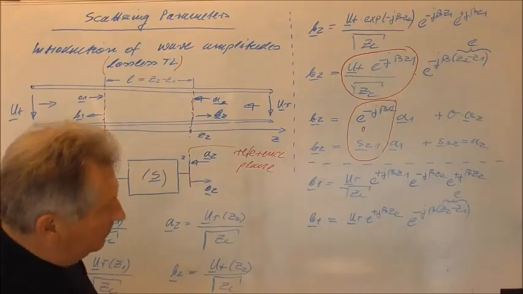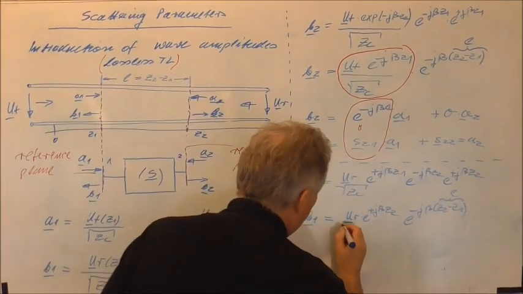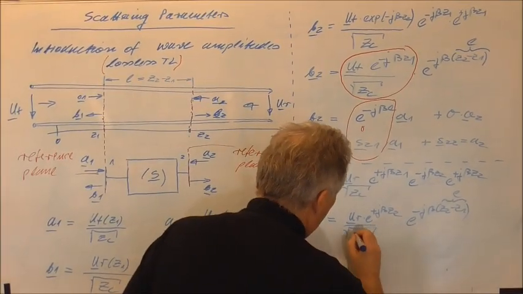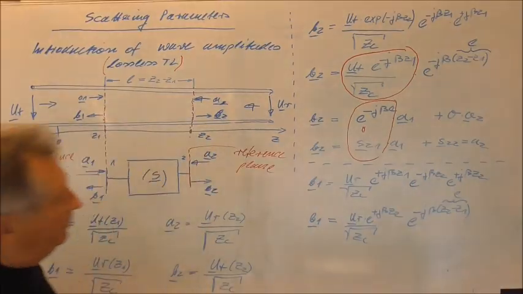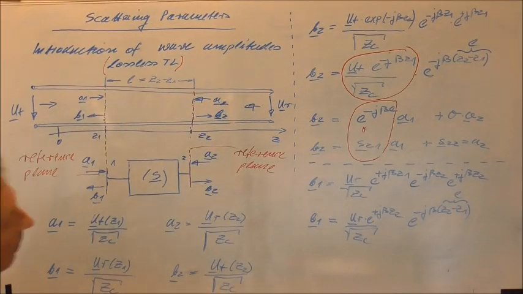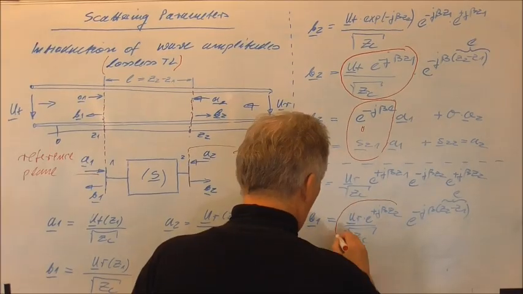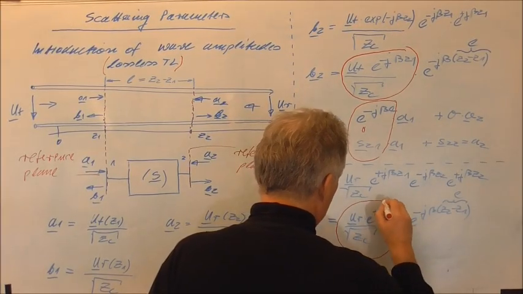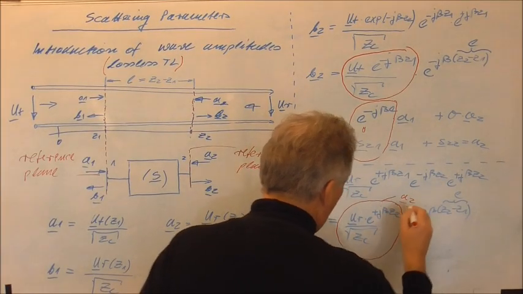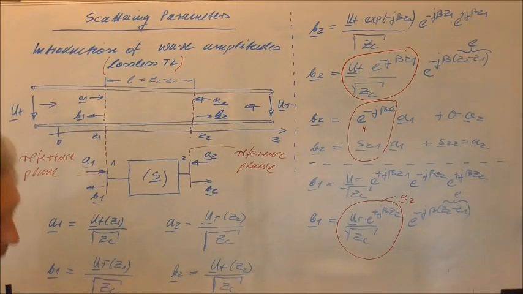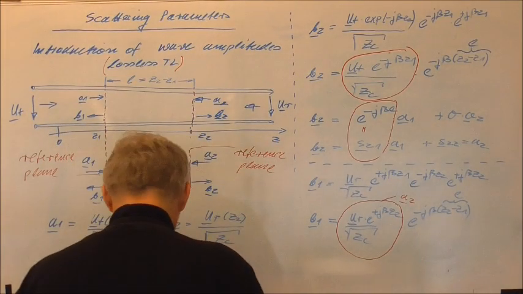So this is a length L. Here I forgot to use the square root divided by the square root of Zc, and also here you see that this is our parameter A2.